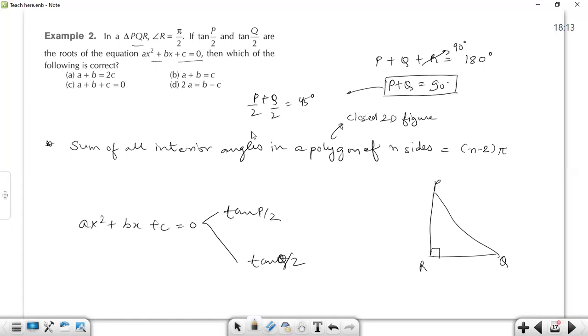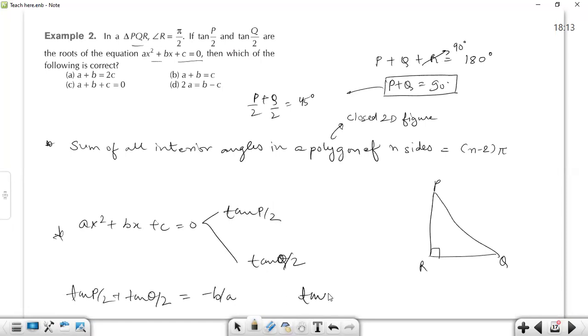So now we are aware of one formula. Also, we are discussing the quadratic equation, and we have to find out the relation between the coefficients. But we also know one more thing: as the roots are given, we know the relation between roots and coefficients. If we add these two roots, it is minus b by a, correct?